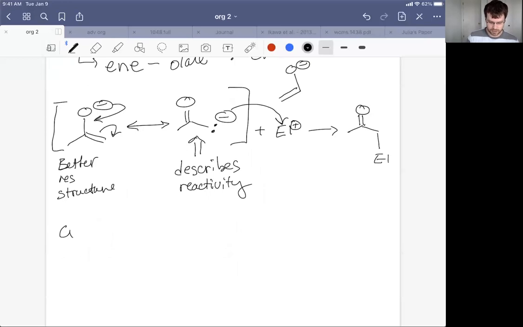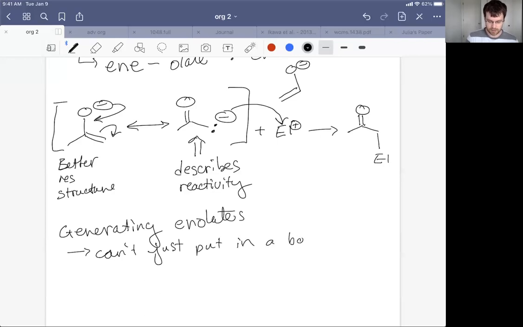Now, the first thing I want to mention is we're going to have to start by figuring out how to generate this reactive intermediate. So these are enolates, generating enolates. Okay. For the most part, you can't just put these in a bottle and buy these. Okay, rather you need to generate them.